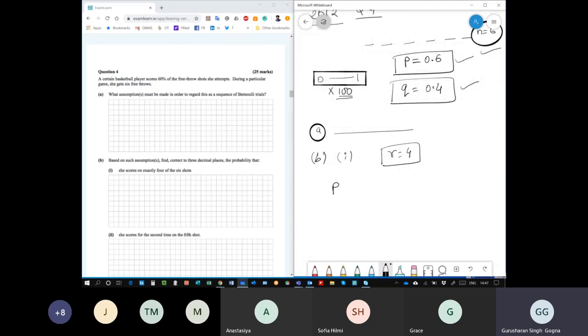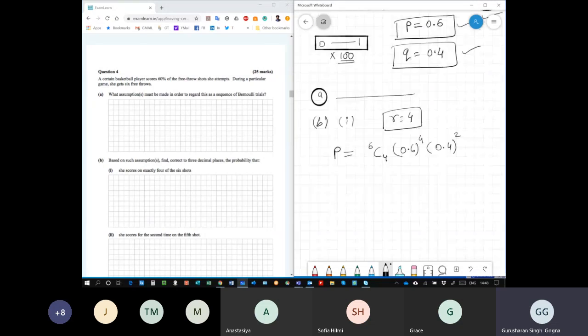So let's use the formula. The probability is equal to 6C4, P is 0.6 to the power R, which is 4, and Q is 0.4 to the power N minus R, which means 6 minus 4, that is 2. Okay, that's the answer. They said exactly 4 times. That's another word you need to be careful about. So that's the answer for this part.